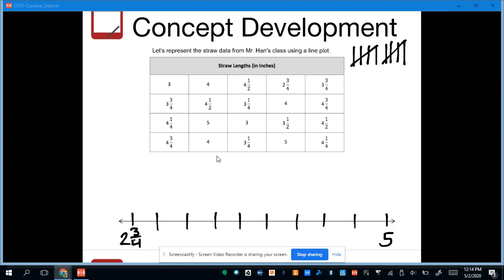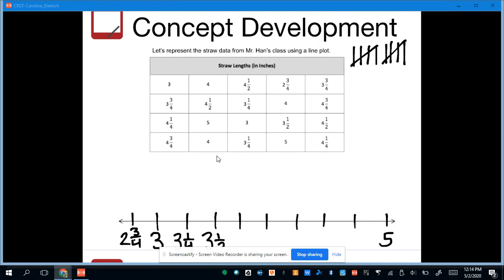And now I need to label. So 2 and 3/4. Next comes 2 and 4/4, which is the same as 3 because 2 plus 1 is 3. Then I have 3 and 1/4. And next I have 3 and 2/4, which is the same as 3 1/2, but it's labeled 3 1/2 up here.